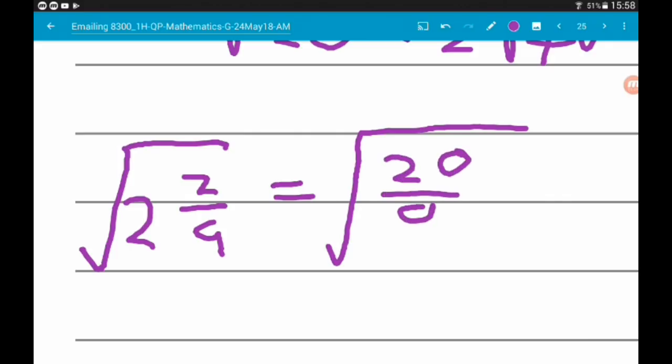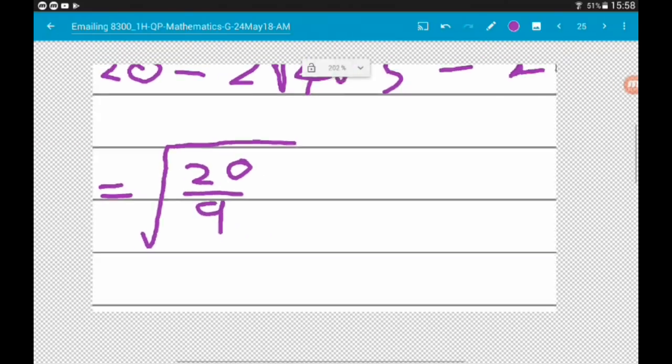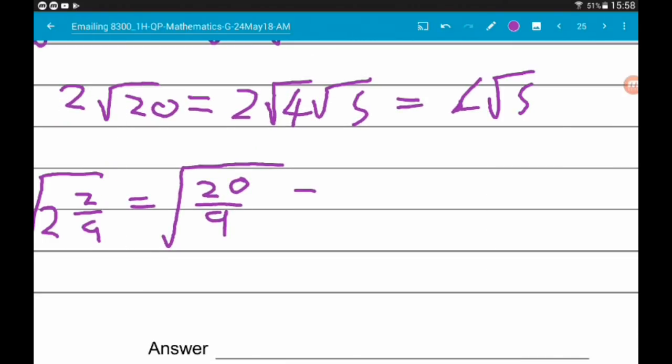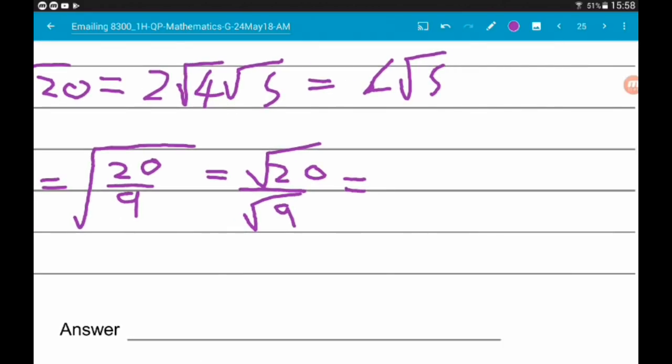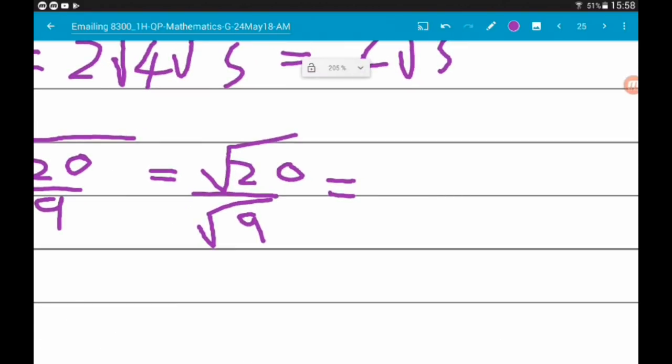over 9. Now this is root 20 over root 9. Now we've just seen root 20 is root 4 root 5. So we got 2 root 5 over square root of 9, which is 3.